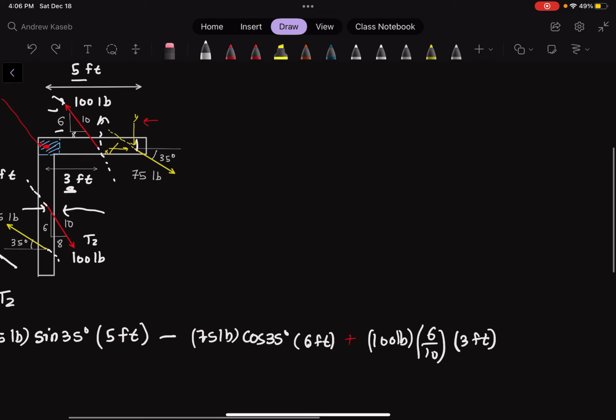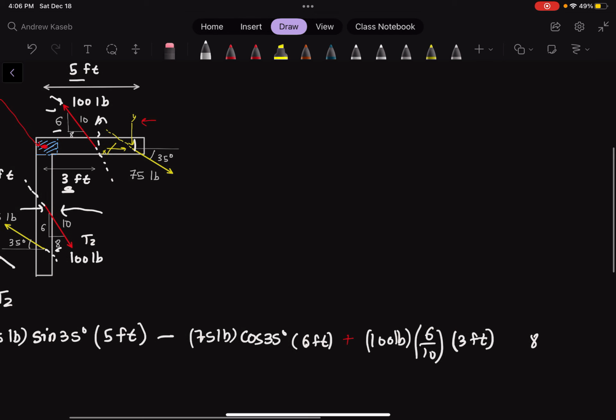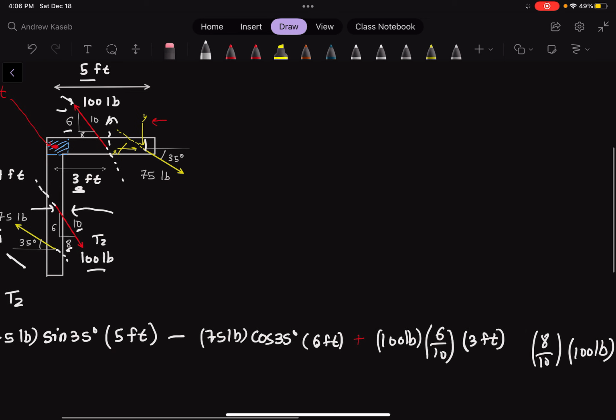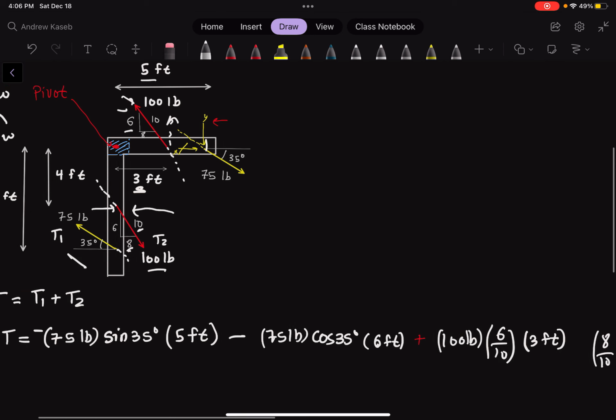So the x component will be 8. And if you're wondering, I got the 8 from right here, since this is the x component of that force. 8 over 10. The 10 is the magnitude of the hypotenuse, times 100 pounds. And then the distance from the x component to the pivot point is 4 feet.